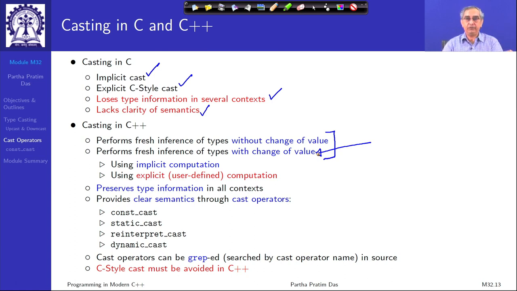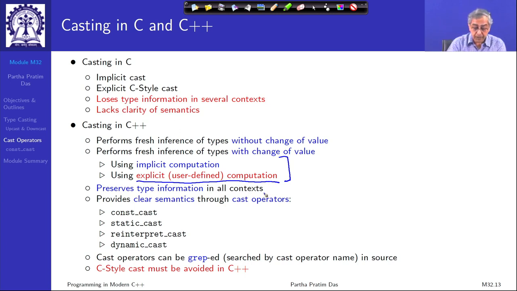So, if you change int to double or double to int, you are making fresh inferences about the type, but with change of value. But C++ also allows you to do similar things without changing the value. We will see the example. Now, this can be done using implicit conversion or explicit user defined conversion, which we will have to learn. What is user defined conversion? It does not exist in C, so we do not know. The target is to preserve type information in all contexts. Do not lose the type information. C++ is strongly typed, you cannot lose the type information. So, that is the basic objective.